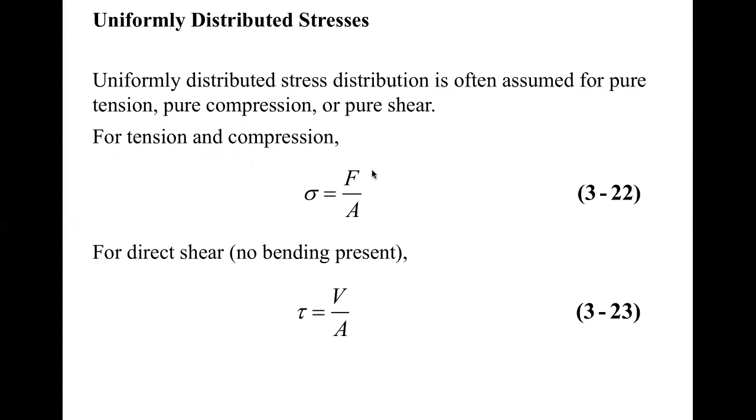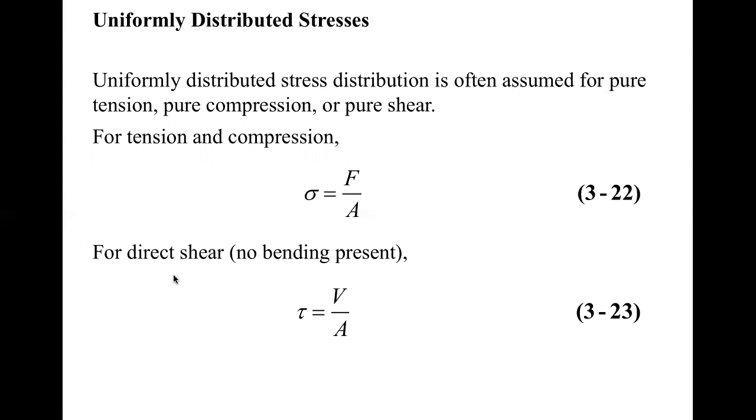F is a tensile load or compressive load, and A is the cross-section area, which depends on the dimension. For example, for a bar, usually we know the diameter and can calculate the cross-section area. Or for a rectangular shape, you can calculate the cross-section area if you know the length and width.